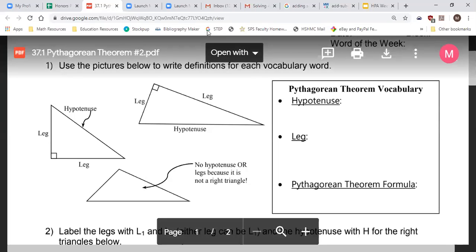So let's see. I don't know if I can annotate on this document. I'll just share my screen using a whiteboard. So it's just a shape with no calculations on it or of length or size. I'm going to write the definitions on the whiteboard right now to give you a better, more formal definition. So I think the first word was, so we're talking about the Pythagorean theorem.